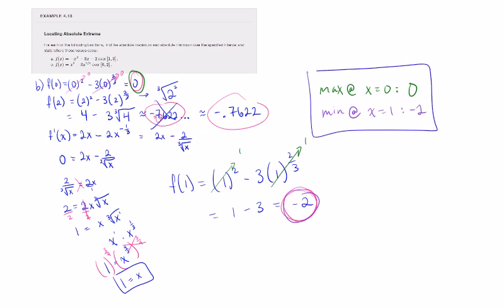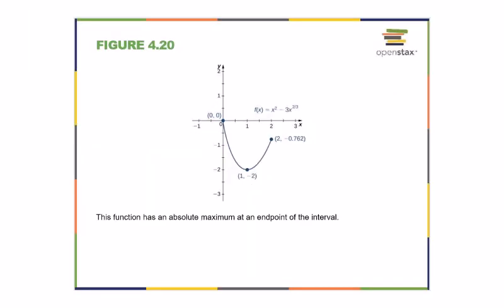So let's look at the graph and see what that looks like. Okay, so we have this function, and on this interval from 0 to 2, we found the value or the output at the endpoints, which was 0 and -0.762 approximately.